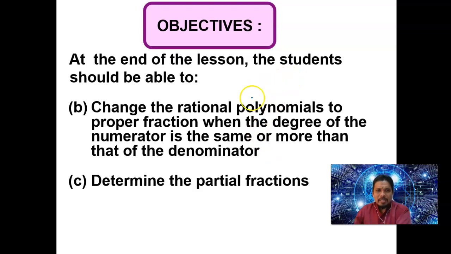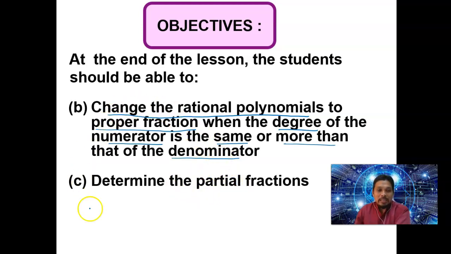In this case, we are going to face a question where we need to change the rational polynomial to a proper fraction when the degree of the numerator is equal to or greater than the degree of the denominator, and determine the partial fraction.